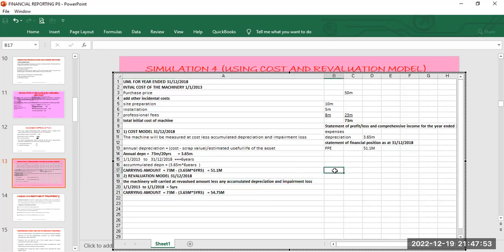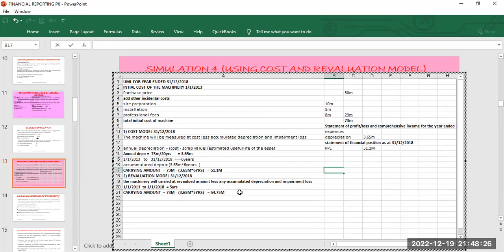You say the 51.1, then you add back the 3.65, because that is the depreciation for 1 year. You will still get the same answer, which is 54.75. But it's better you go this way so that you don't get confused. So that's basically what we do to get the carrying amount of the asset.